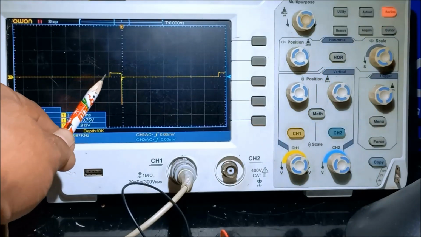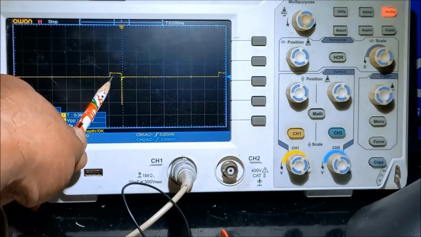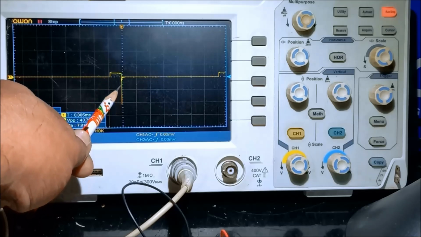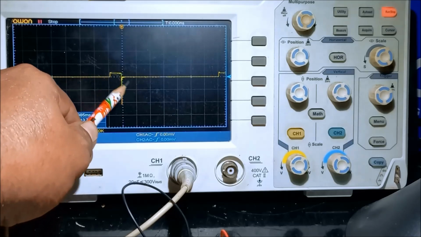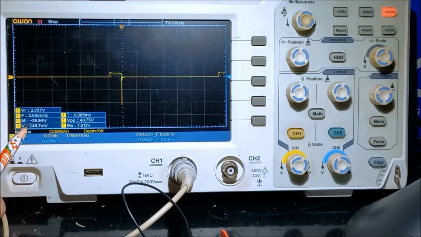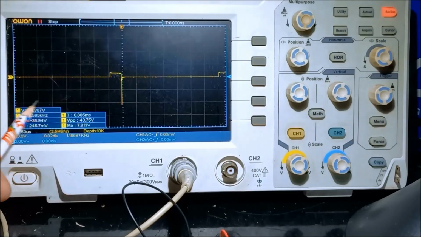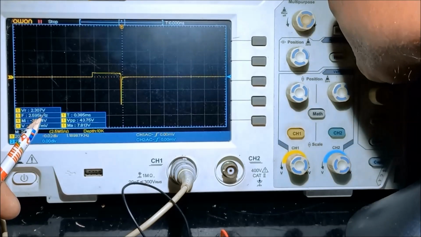We have the positive voltage. It means when the capacitor is charging, it has an output, and this one is the discharging characteristic of the capacitor. The negative voltage, which is around negative 35.94 volts produced by the circuit. A negative voltage spike produced, and then this is the positive voltage produced by the circuit.